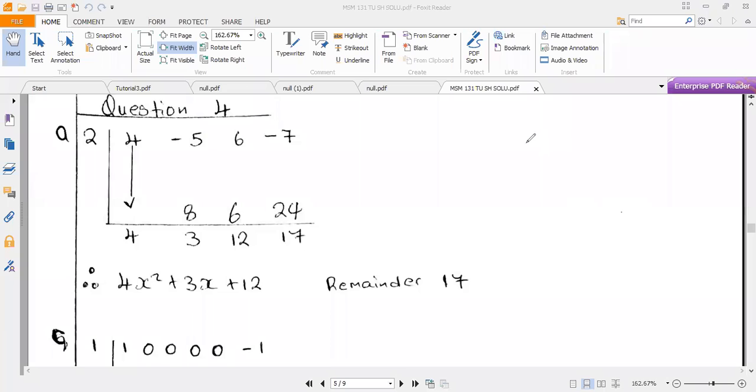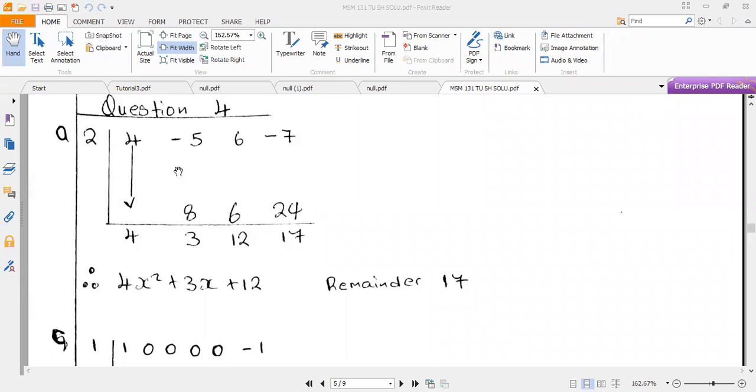So since we are dividing by x minus 2, what we basically have is x minus 2, which is the same as x minus 2 equal to 0.